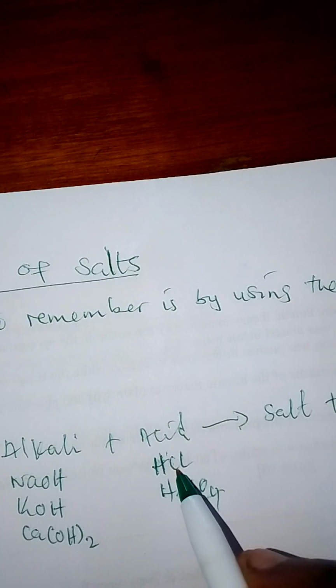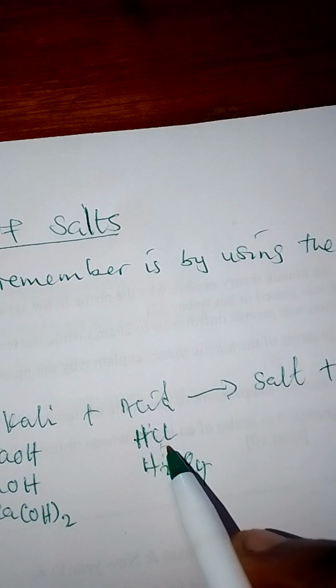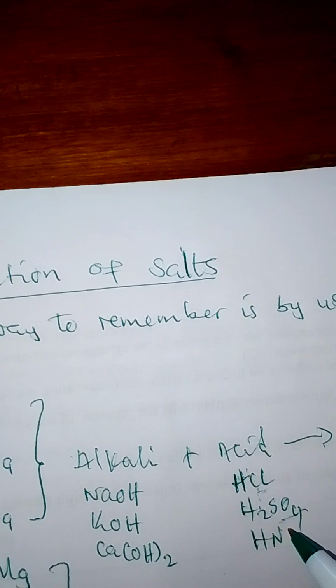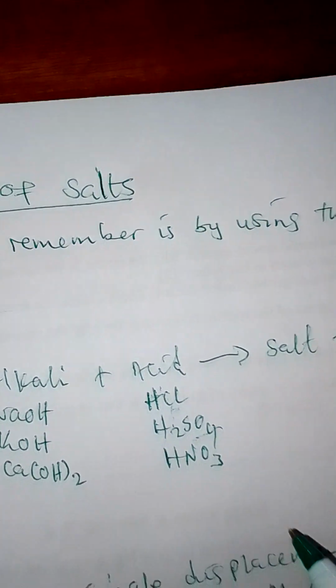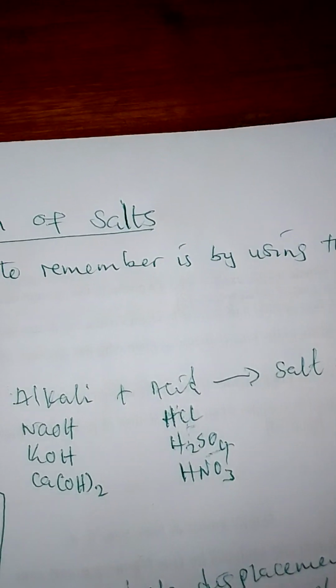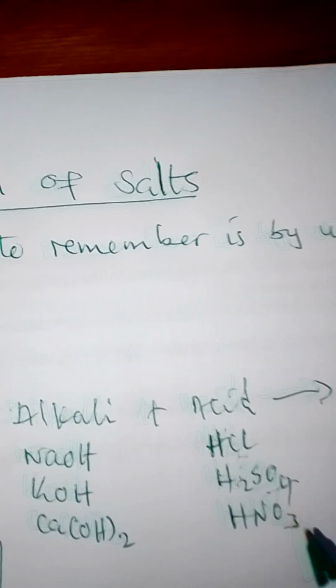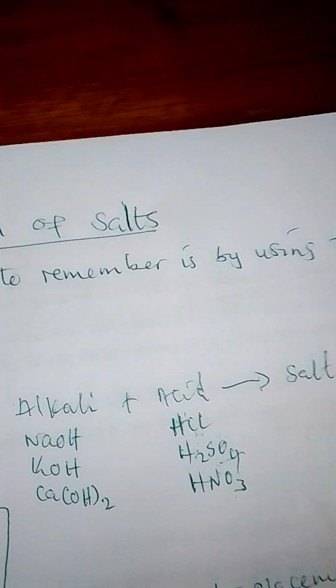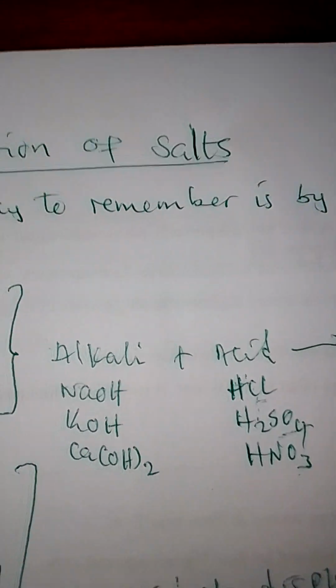The chloride salt will come from the chloride in HCl. If you want a nitrate salt, it is nitric acid. If you want a phosphate salt, it's from phosphoric acid. So it goes on. The type of salt that you want depends on the acid that you are using. So these are the acids.